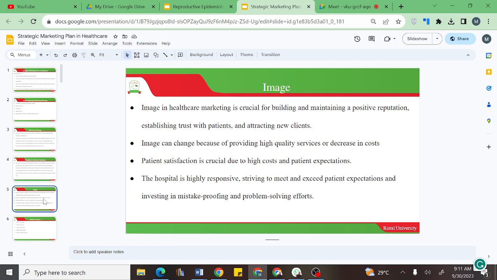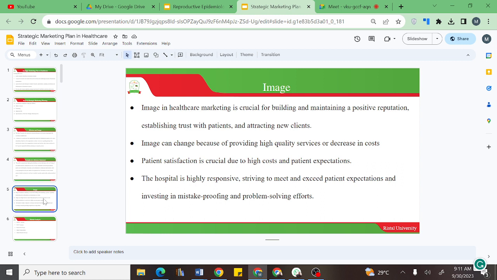Then we go to the image. Okay, you want people to have a very good perception about the services, the products that you actually offer to the market. If you have a very good reputation, it is very possible for clients to trust you, and you have a high potential of attracting new clients.